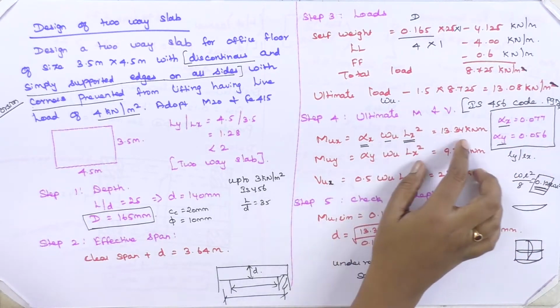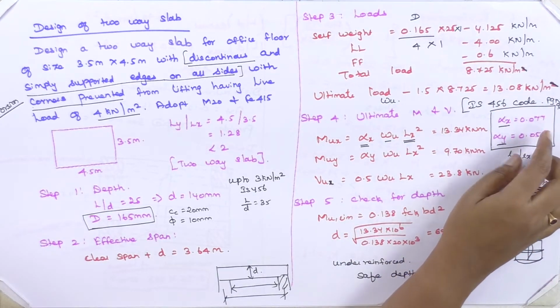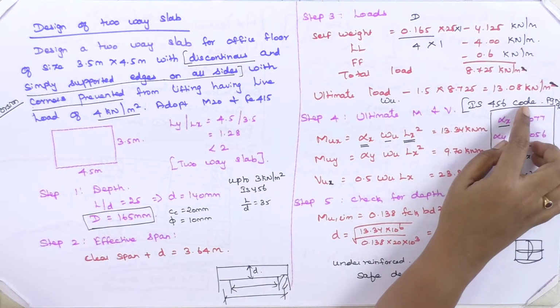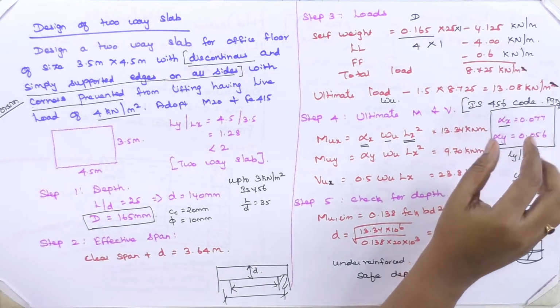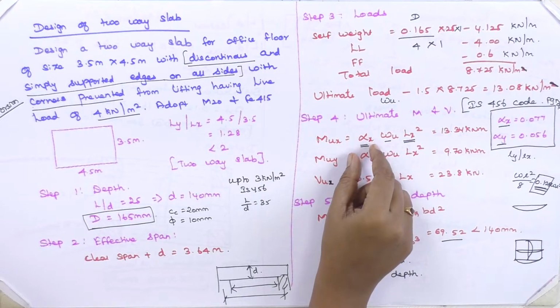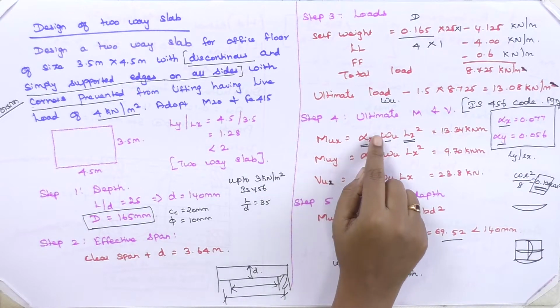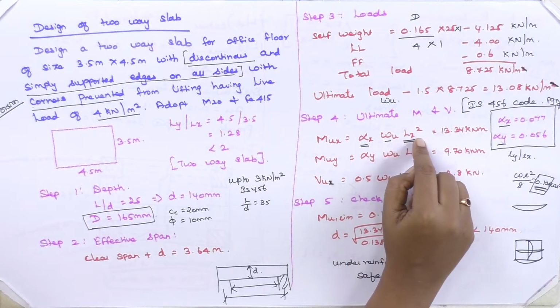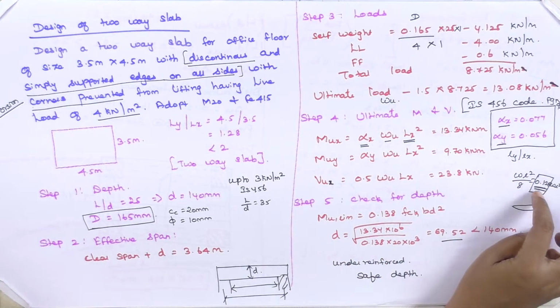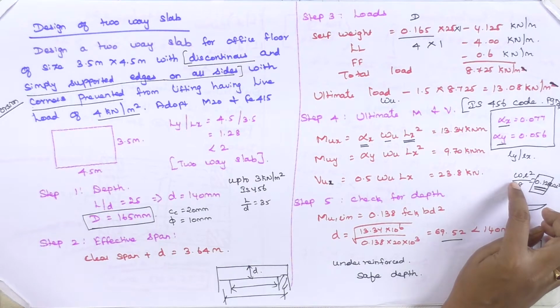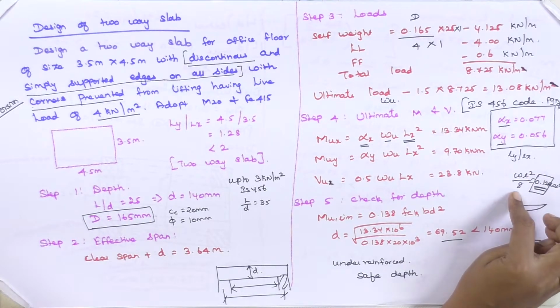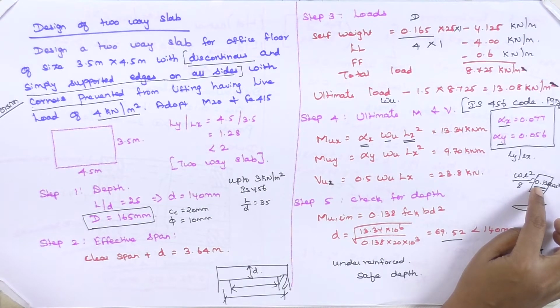Okay. Then from page number 90 of the IS 456 code, the moment coefficient values are given. Mux is equal to alpha x into Wu Lx squared, whereas for a one-way slab I can directly calculate it as WL squared by 8, which is 0.125 WL squared.